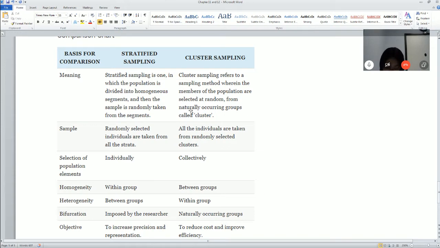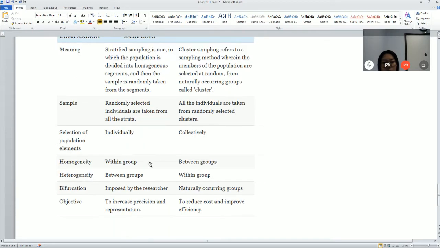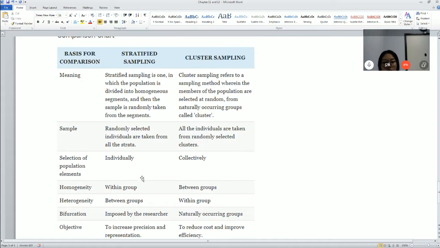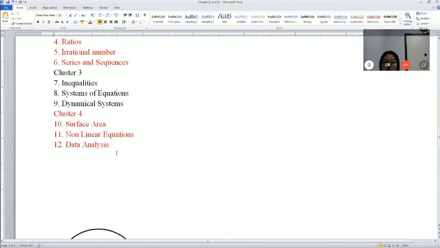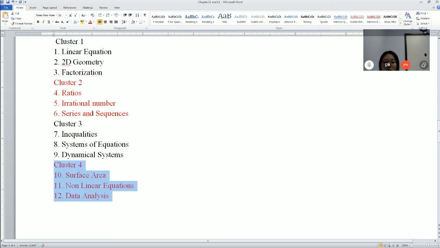Okay. So this is sort of the meaning of the two. But the major difference is that when you pick the groups, the homogeneity is within the group in the sampling, but the cluster is between groups. So in my clustering, do you see how I was always using 4 and 2?